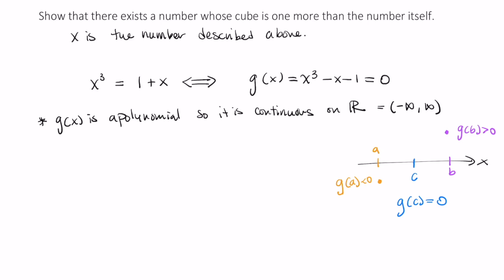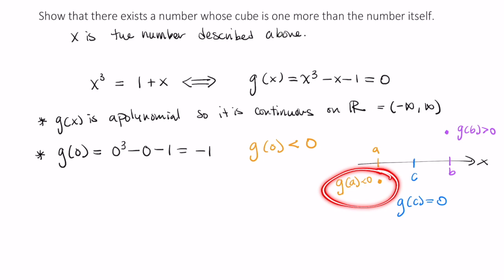Now, I don't know what numbers to test, so just looking at this, I'm going to put in a 0 for x, because if I try a 0, I know that I'll just get negative 1. So let's try g of 0. G evaluated at 0 is equal to 0 cubed minus 0 minus 1, which is equal to negative 1. All right, that tells me that g of 0 is less than 0, and that's the point that I was interested in.